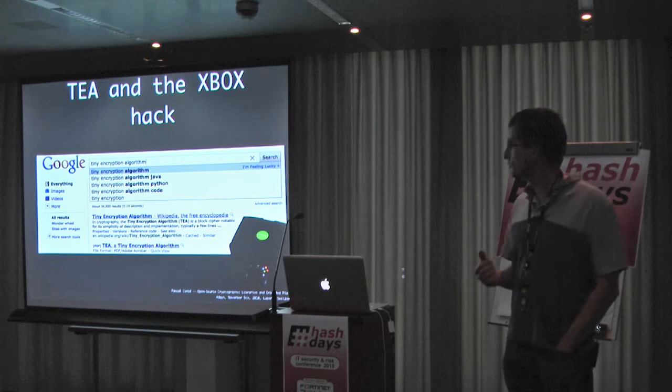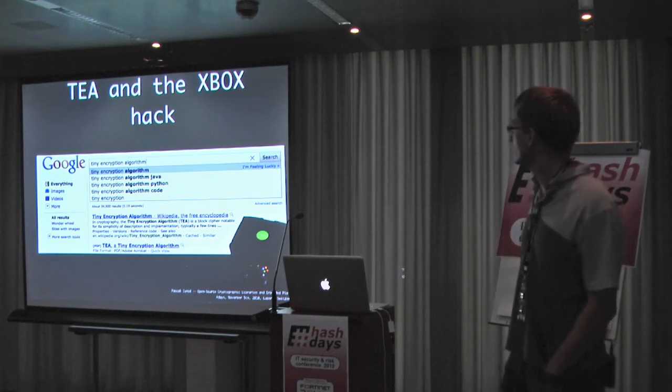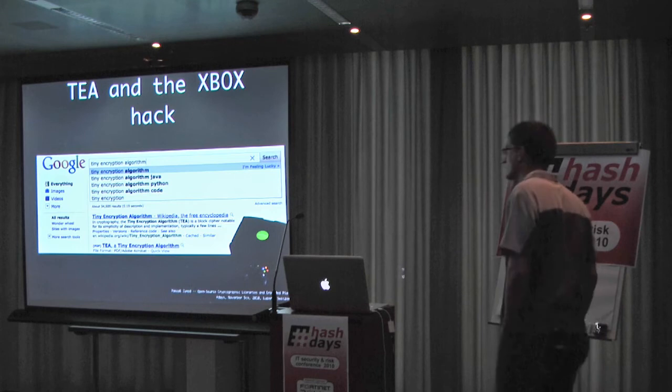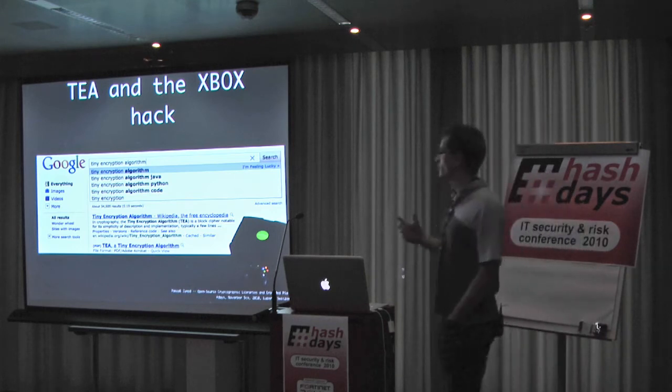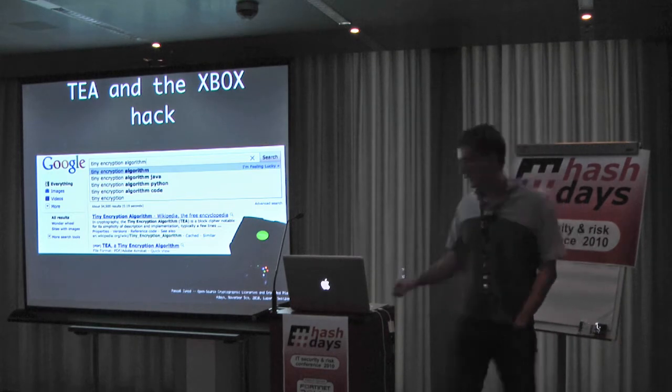So they just went to Google. This is more than Google in 2010, maybe it did not look like that. And they asked for a tiny encryption algorithm, and fortunately, they found TEA, the Tiny Encryption Algorithm, which is a block cipher.